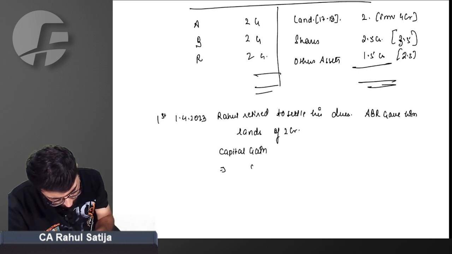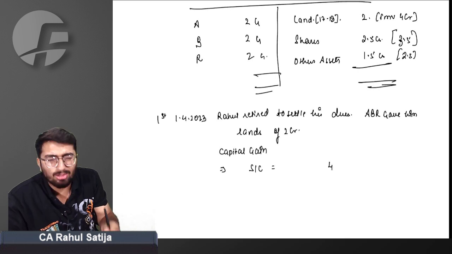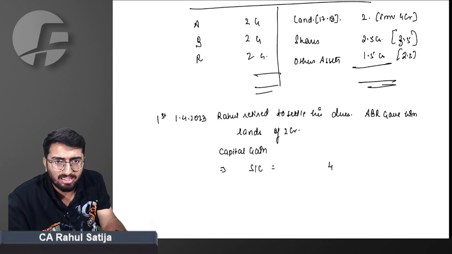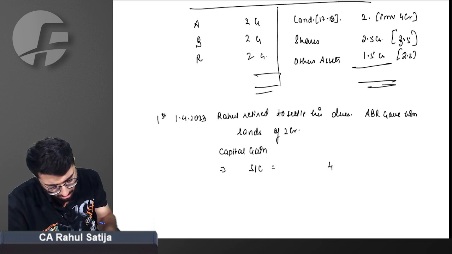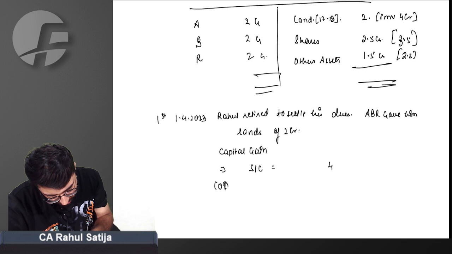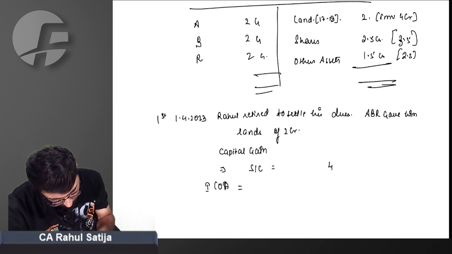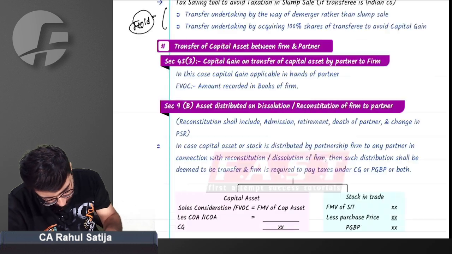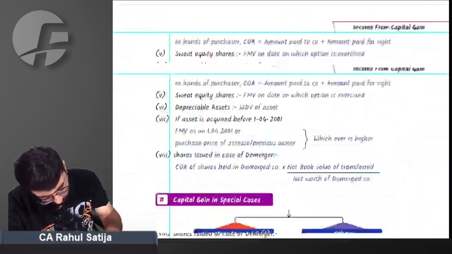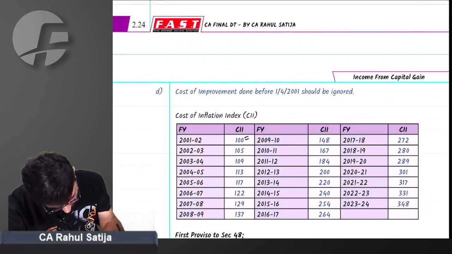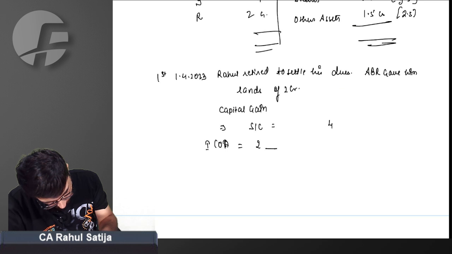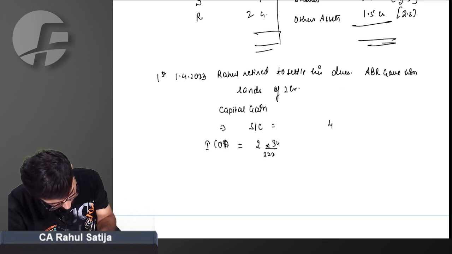Capital gain would be sales consideration. If this land were sold to an outsider, 4 CR could easily have been realized. Less the indexed cost of acquisition: 2 CR divided by the CII of the year of purchase, 272, into 348.